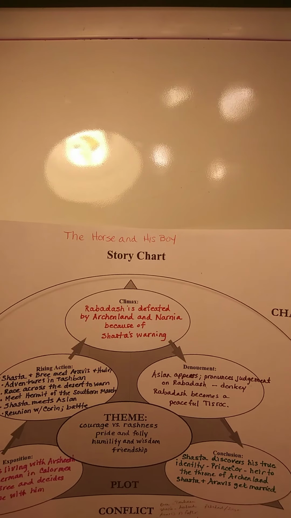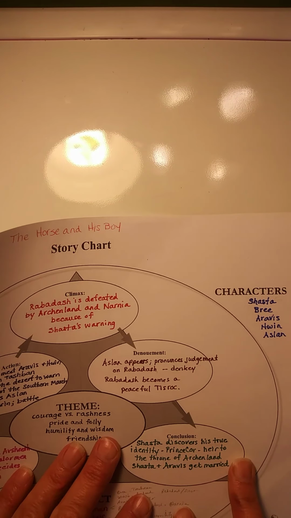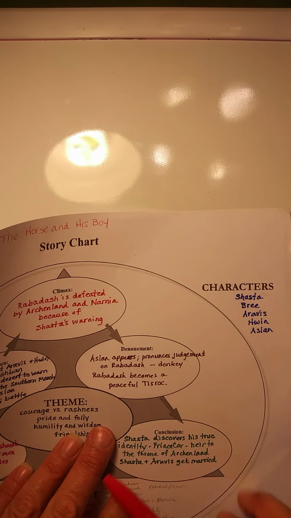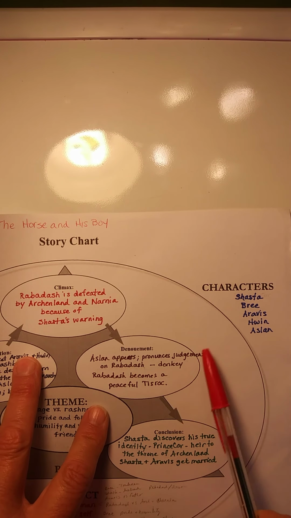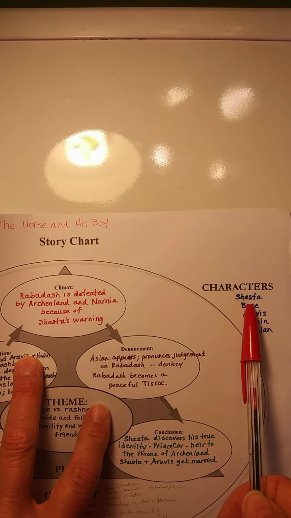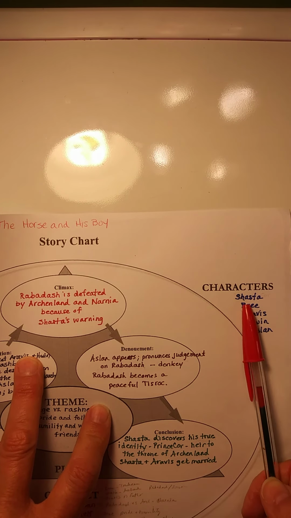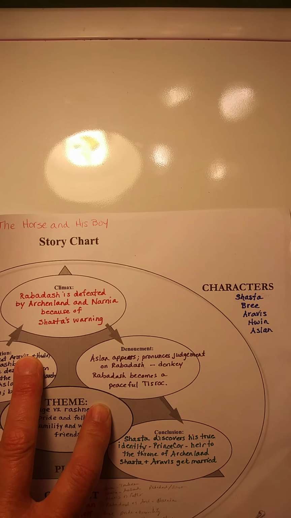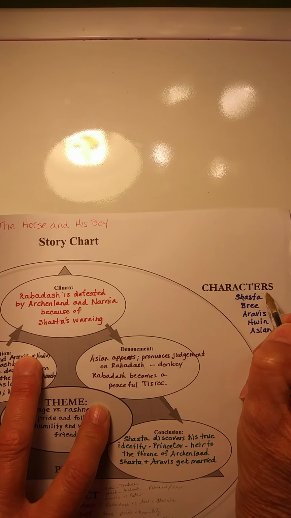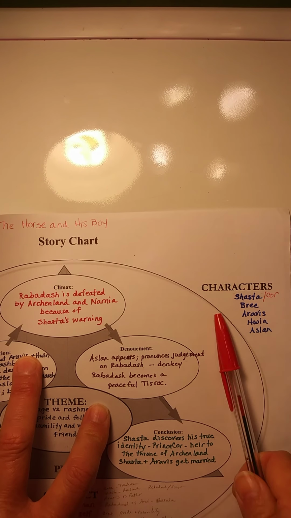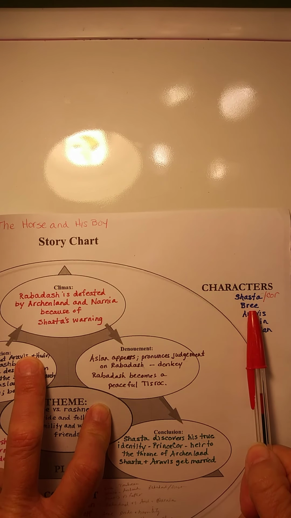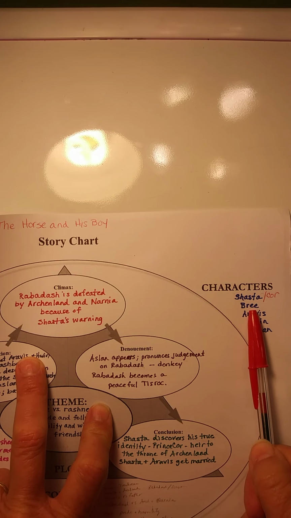All right, let's go over to character. And there are, of course, lots of characters. You can't always name all the characters. But the main character, or what we call the protagonist, is Shasta, a.k.a. Cor, we find out later. And Bree, the talking horse that he meets in the beginning of the story.